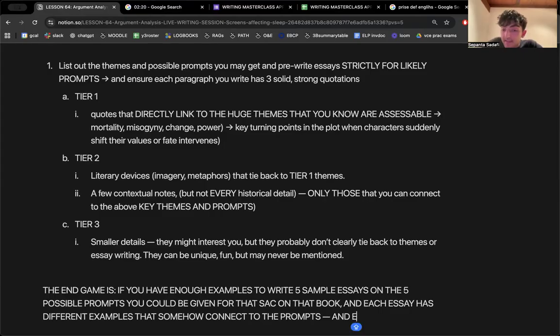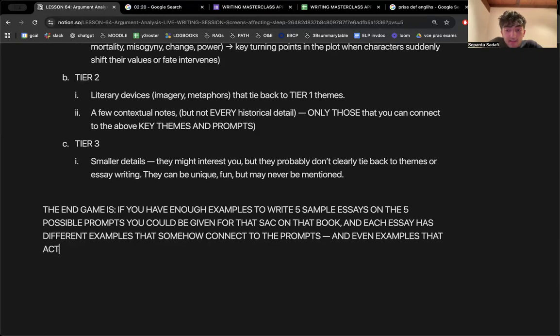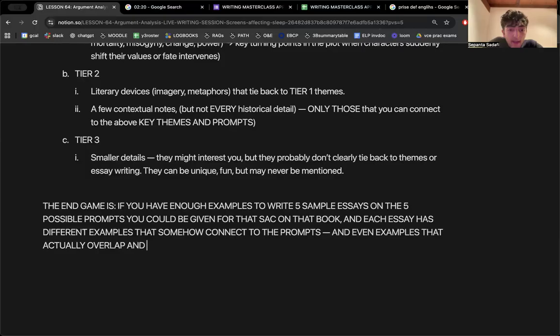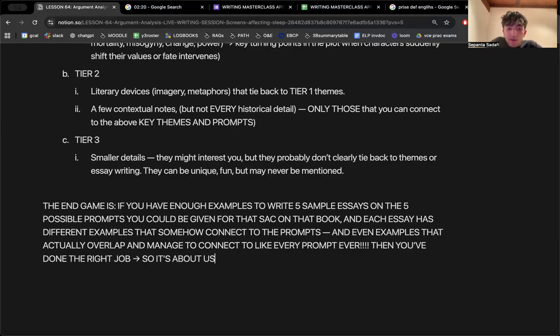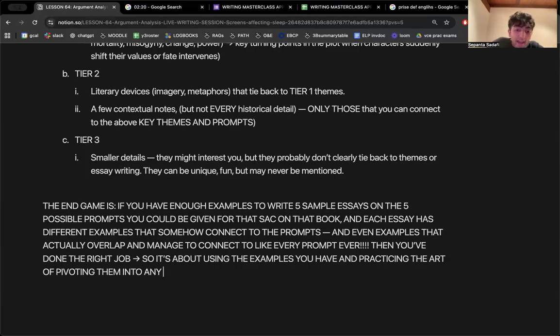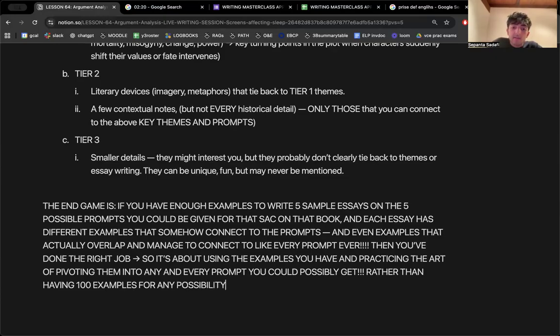And think about this, even examples that actually overlap and manage to connect to like every prompt ever, then you've done the right job, right? So it's about using the examples you have and practicing the art of pivoting them into any and every prompt you could possibly get, okay? Rather than having 100 examples for any possibility.